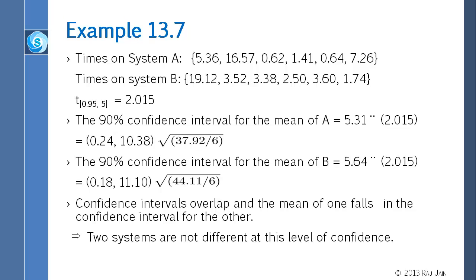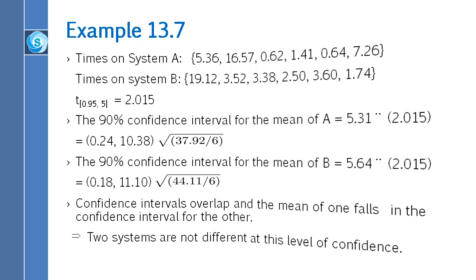So where is the mean of B? 5.64 is in here, right? And the mean of A, 5.31, is in here. So this is that middle case, where the systems are not different.